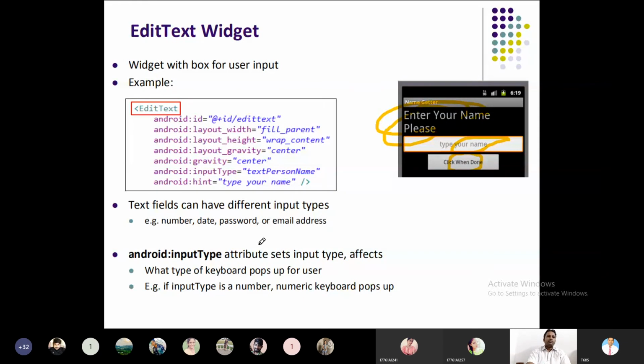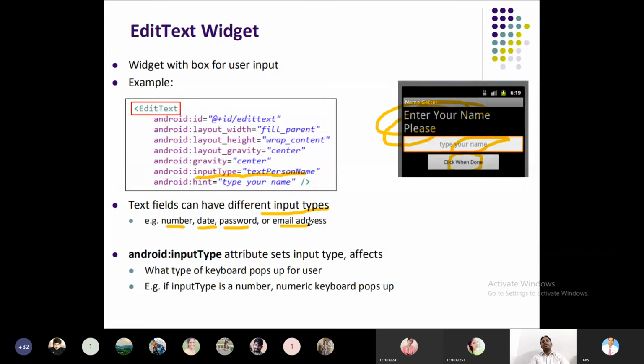It can have different input types. What are those input types? The input type can be a number, date, password, or email address. In HTML, a simple text box is displayed, but in the latest Android some more features are given.